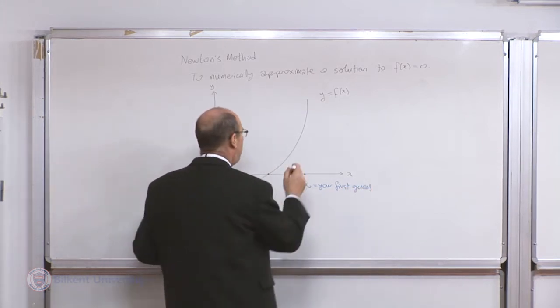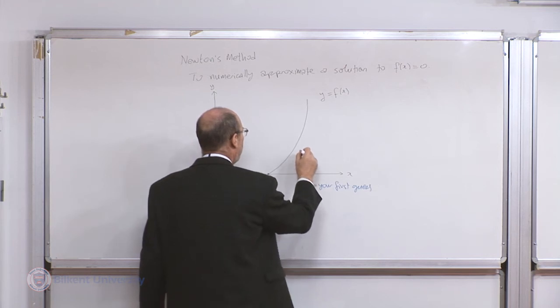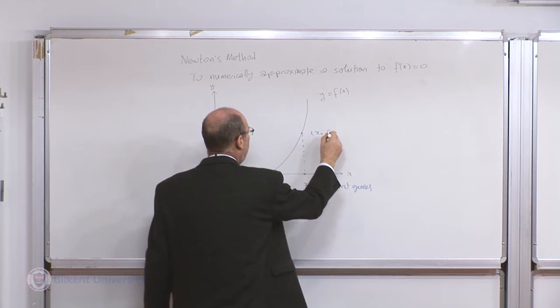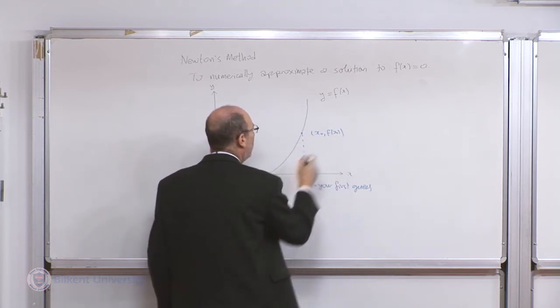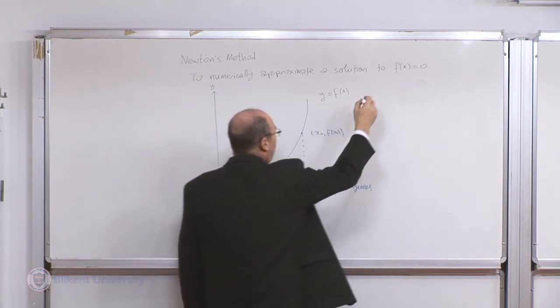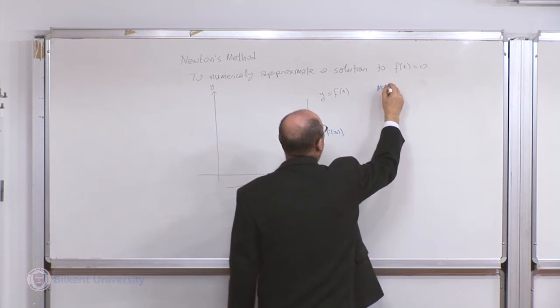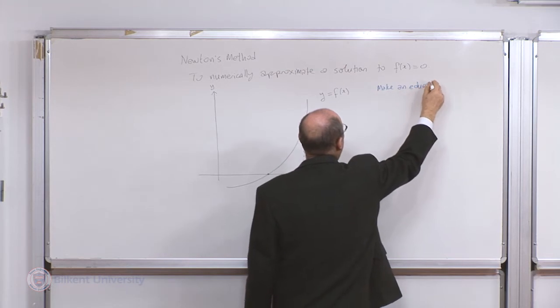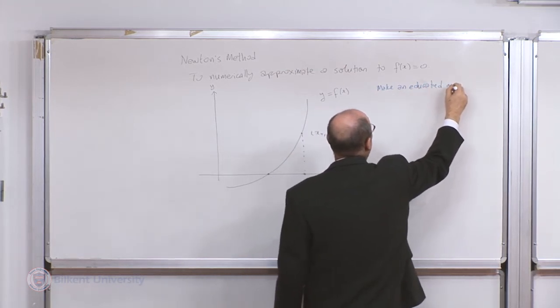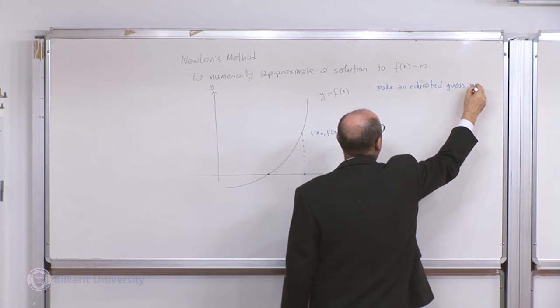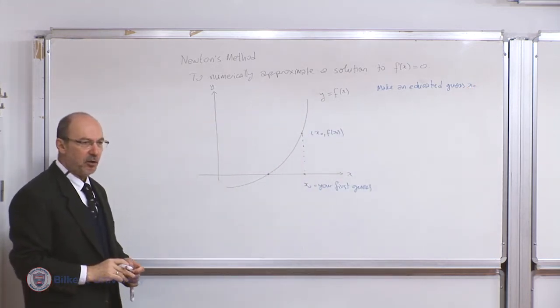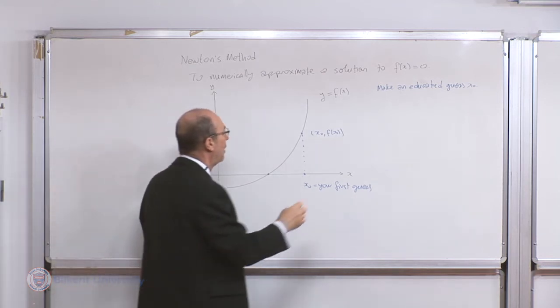What you do is you take this point and you come to this point, x sub 0, f of x sub 0. So make an educated guess, x sub 0. You calculate that f of x sub 0 is not 0, so you want to do something.